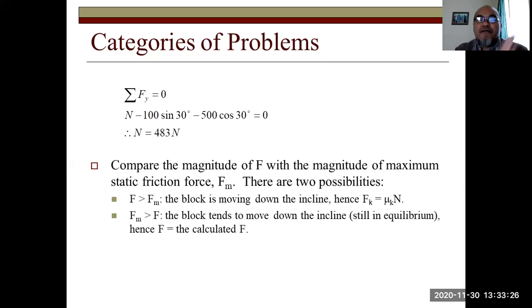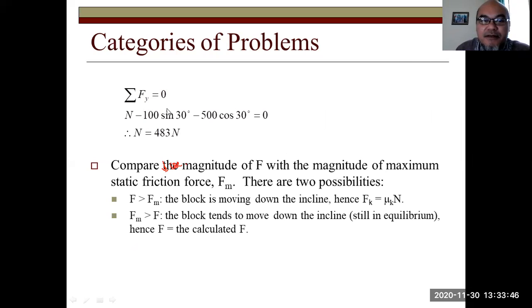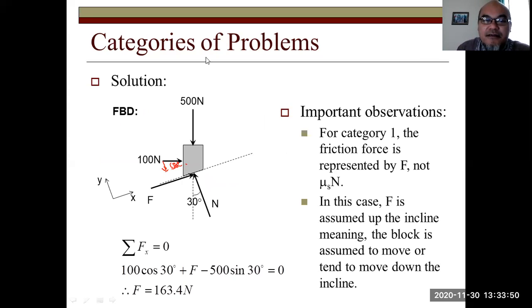Then we further calculate sigma Fy equals 0, N is perpendicular to the surface. It means according to the y-axis, negative 100 sine 30 degree. Yeah, this part. So let's draw again. The y component is this part. Yeah, this is 30 degree. So that's why this is 100 sine 30 degree. Minus 100 sine 30 degree. Minus 500 cosine 30 degree. As we have explained earlier, this is the y component here.